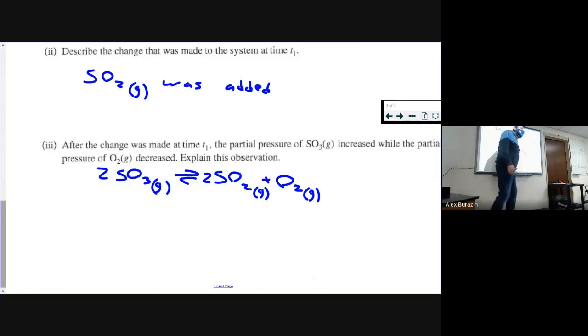So we can name drop Le Chatelier if we want to here. How do I want to say this though? I want to be careful with how I say it.